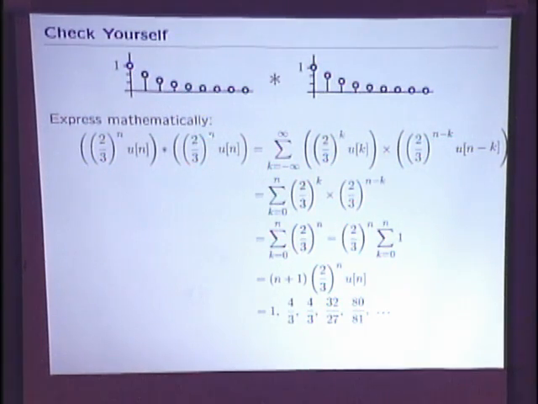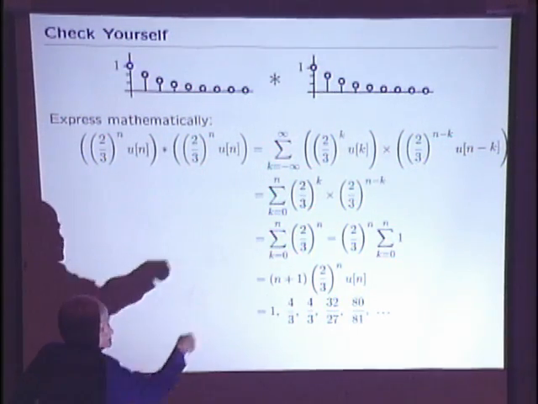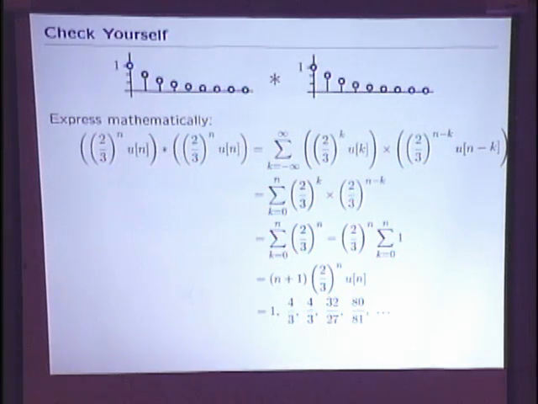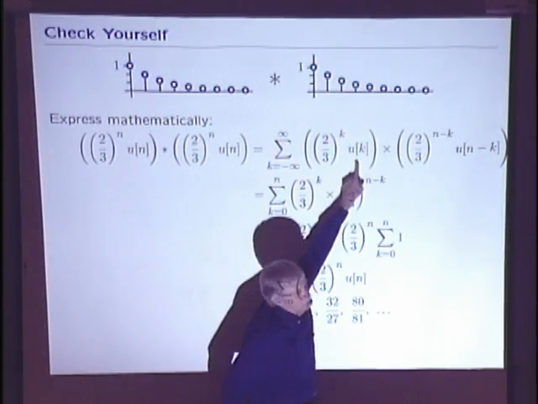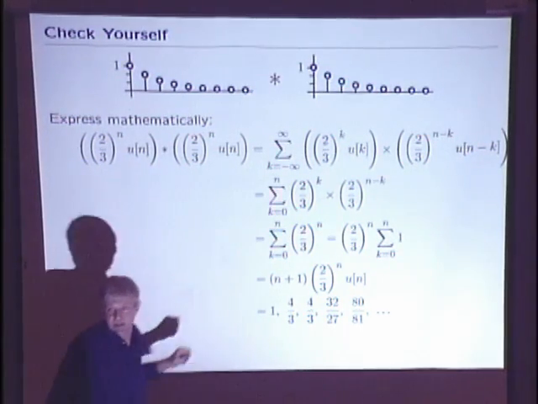The second one, I want to make a function of n minus k. I have to shift both, I have to change the exponent as well as the index into the unit sample signal. Same thing over here. Now when I think about multiplying them, u of k kills all the terms for k less than 0. So I can start at 0 instead of minus infinity.